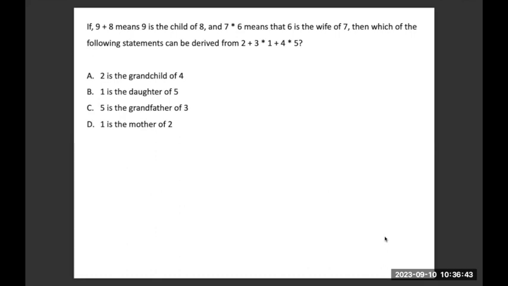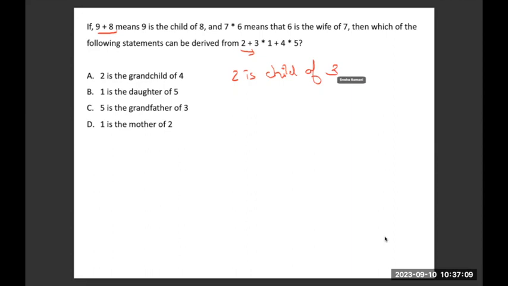You don't have to follow BODMAS in this case. You just follow from left to right, basically. Don't follow the BODMAS rule here. Let's just write it. 2 plus 3 means 2 is child of 3.